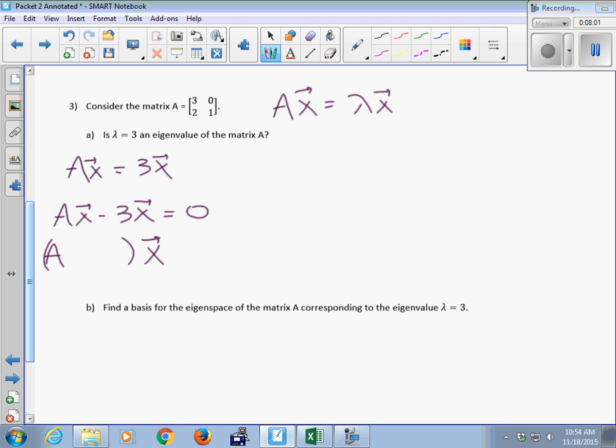Definitely an A, right? Minus 3I. I is 1, 0, 0, 1, the identity matrix.